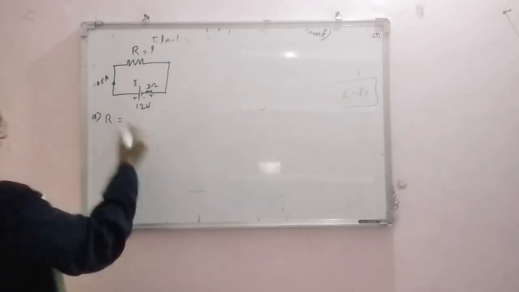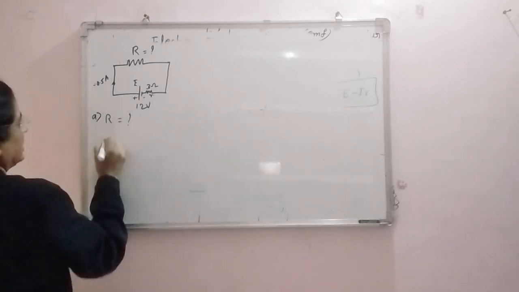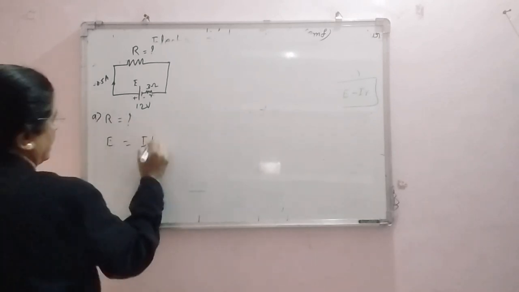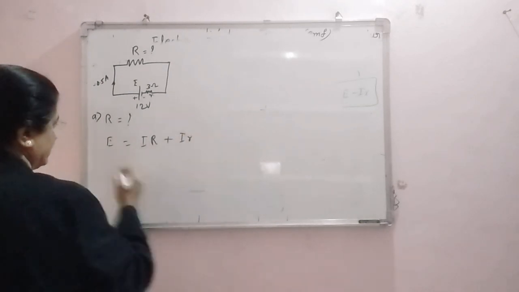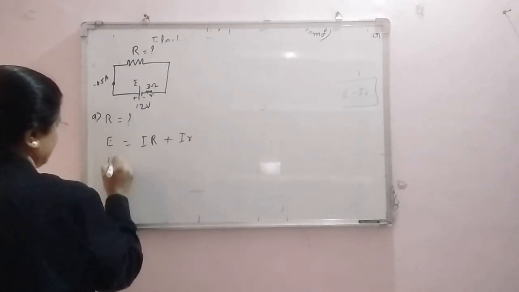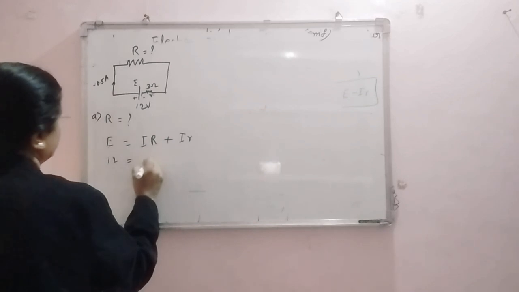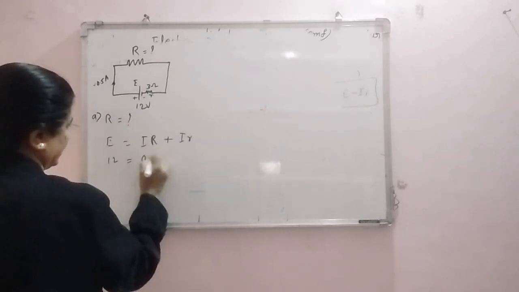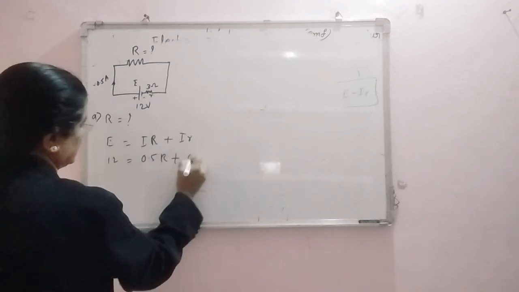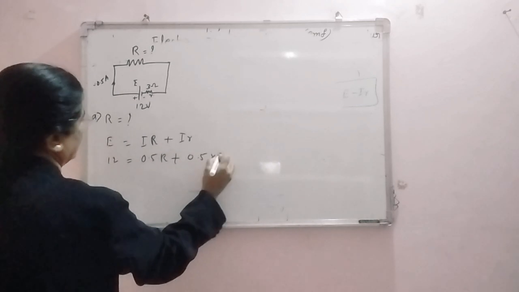For that, what is the equation? E is equal to IR plus Ir. Just as we observed, 12 volt is equal to 0.5 into R plus 0.5 into 3.